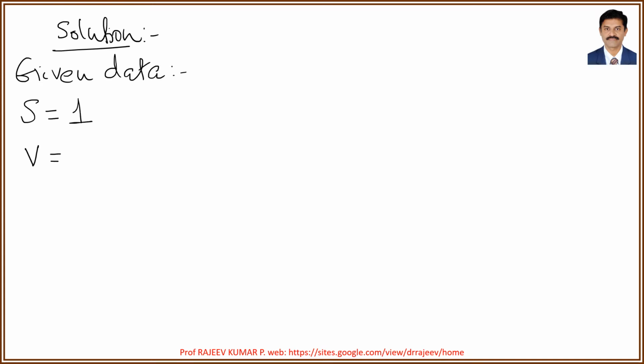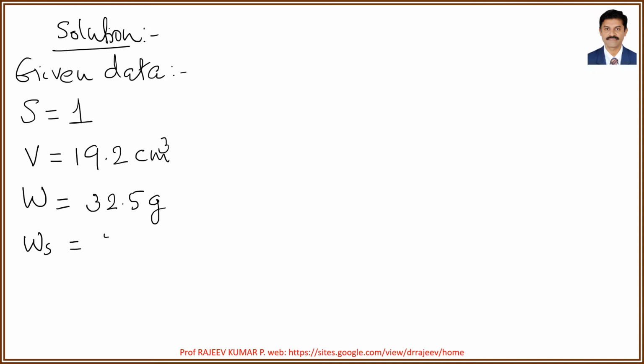Total volume is 19.2 cm³. Total weight is 32.5 gram. Weight of soil solids given as 20.2 gram.